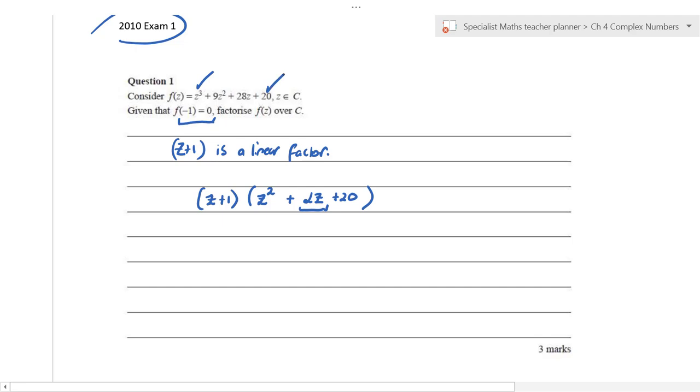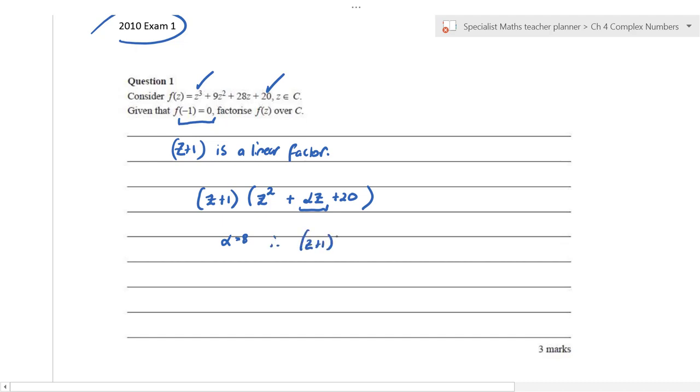What about 1 times z squared? That's going to be z squared, but then I'm going to have to do alpha z times z. So in actual fact, alpha must be 8. So I've just factorized by inspection.